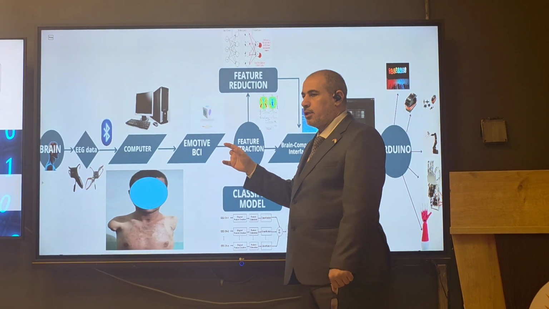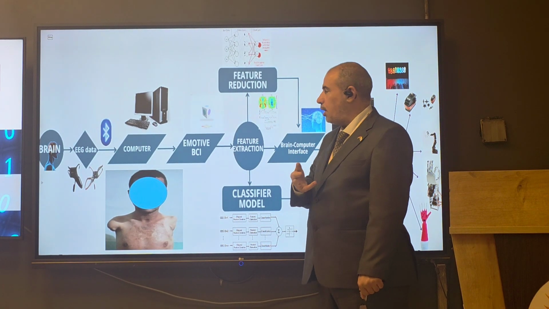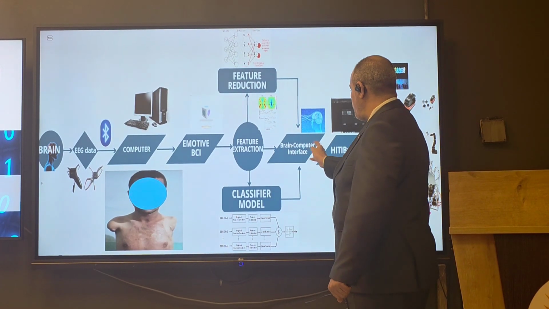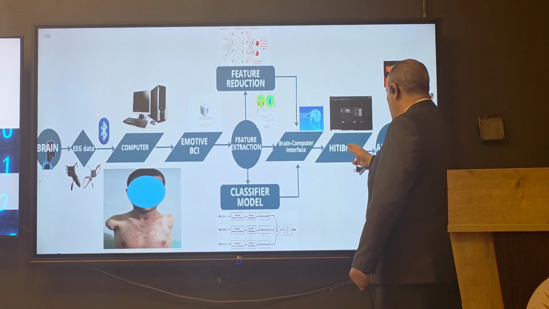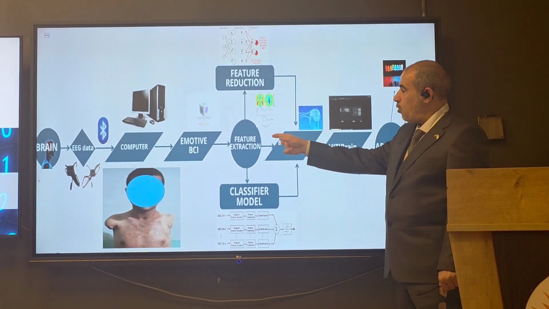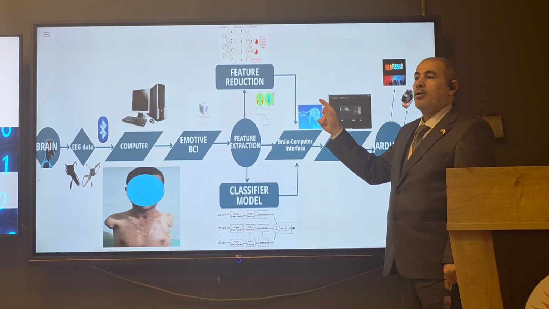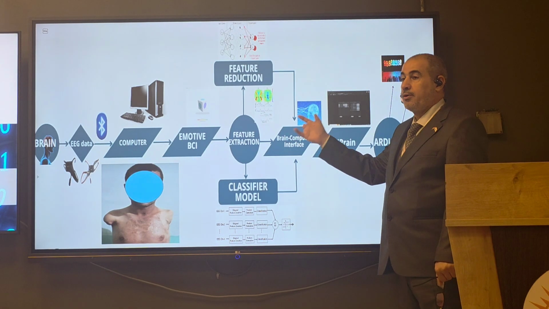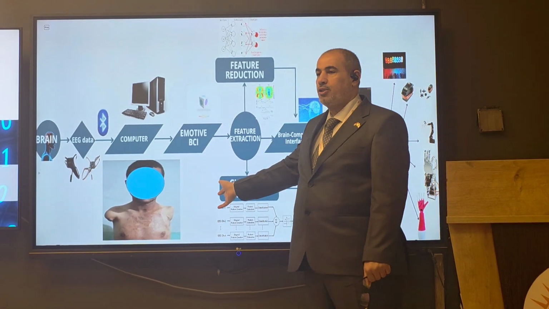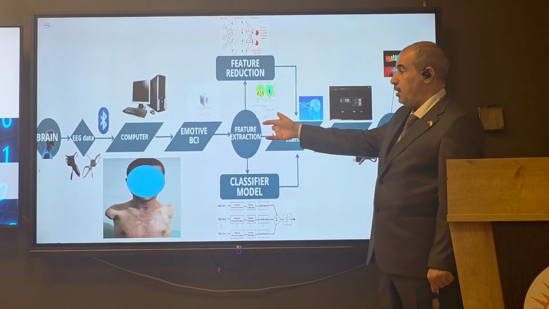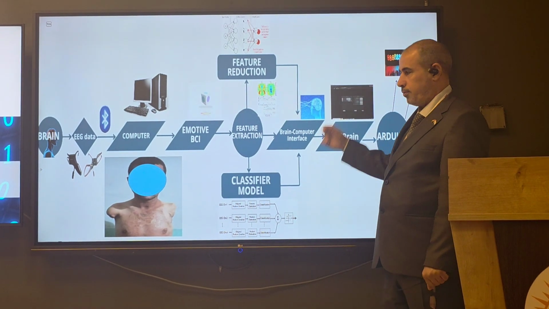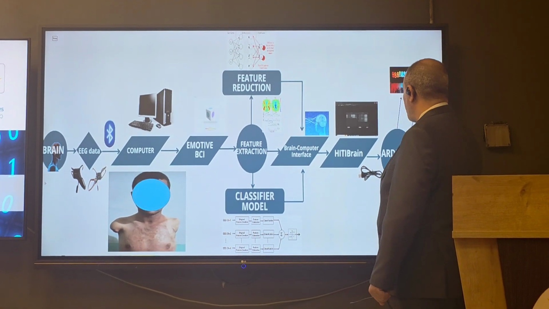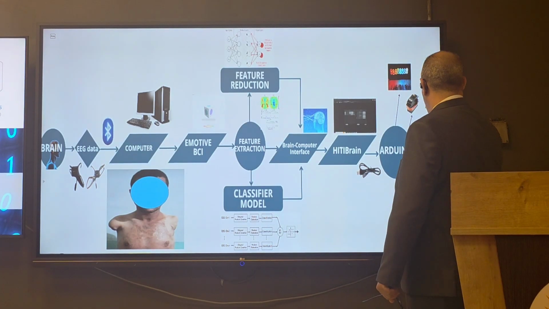Therefore, first the classification about noise or EMG signal, and then features according to beta, alpha, gamma, and then brain computer interface, and then use Emotiv, because we must use wireless through Bluetooth. EMG can use wire, but EEG must use Bluetooth to apply artificial limbs. After that, we can use Arduino, Raspberry, any microcontroller.